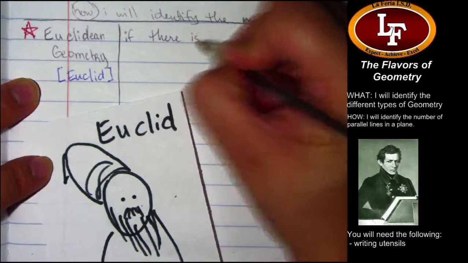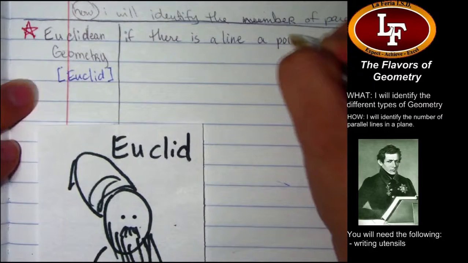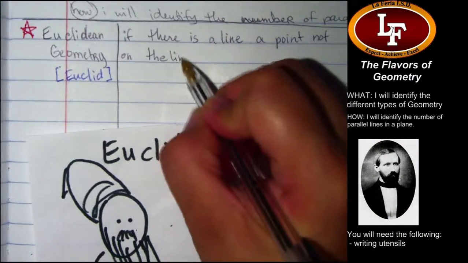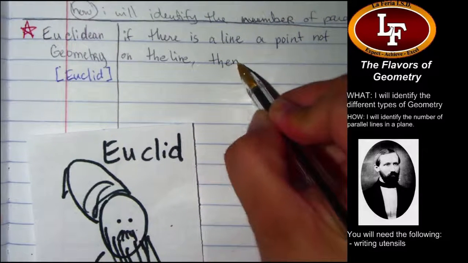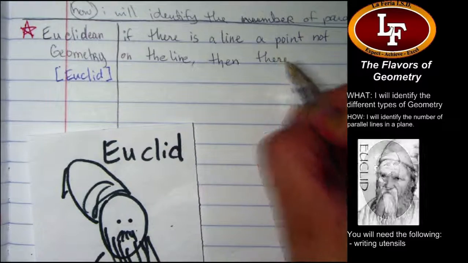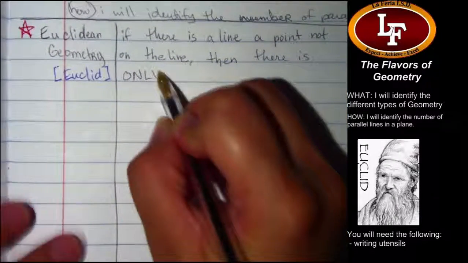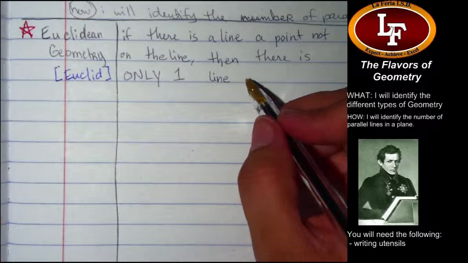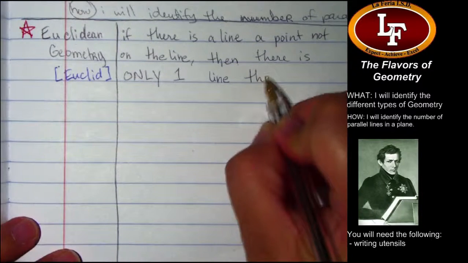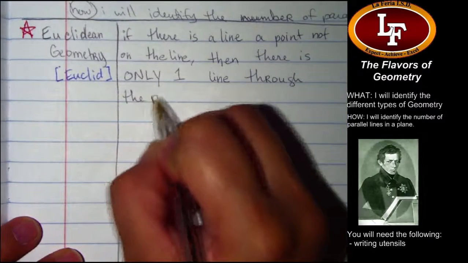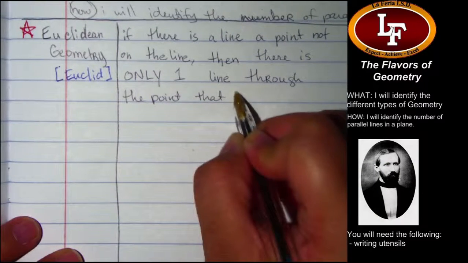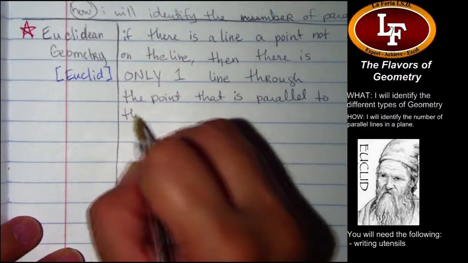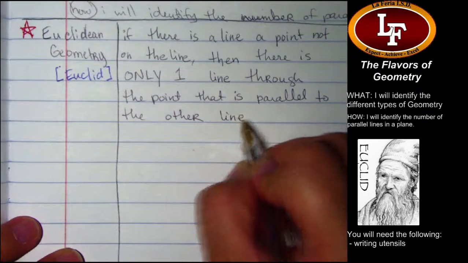If there is a line and a point not on that line, then there is only one line through the point that is parallel to the other line, the first line that you drew.